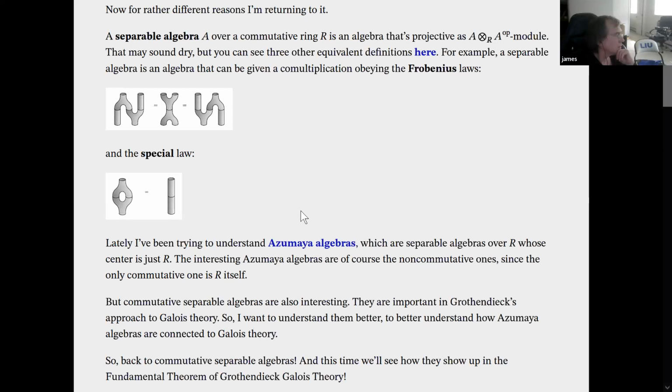So that's how you should think of these Azumaya algebras: they're things that are locally just matrix algebras, but globally have this twisting.